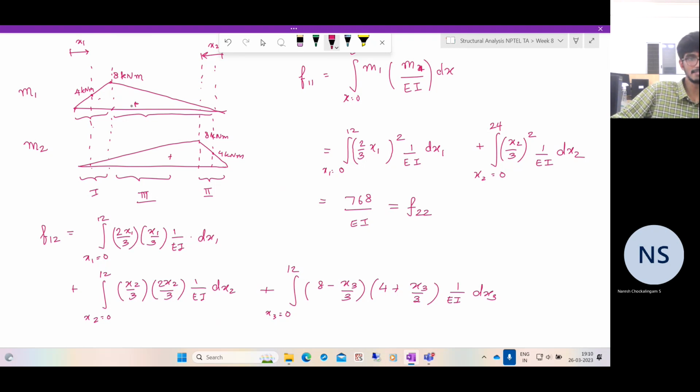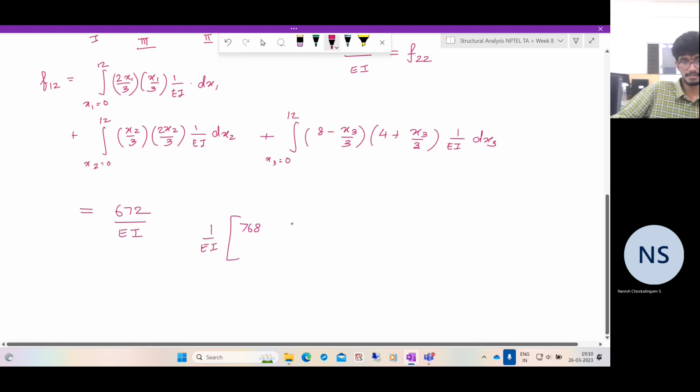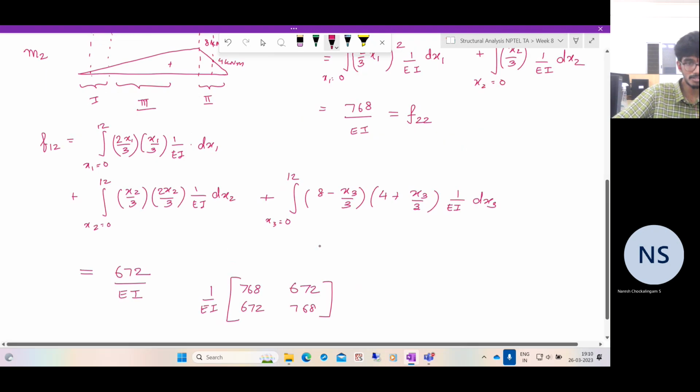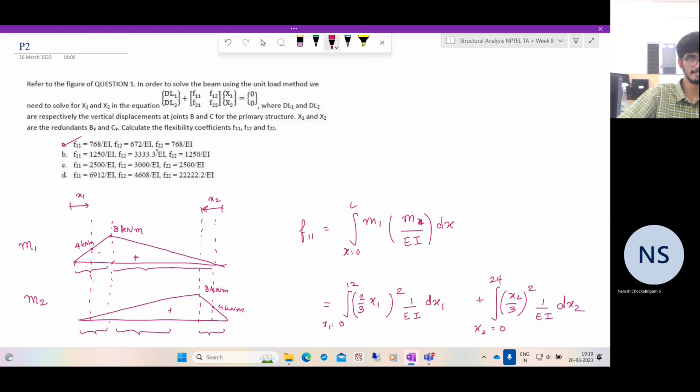The areas will be the same because it is just this bending moment diagram flipped about the mid-axis. By flipping, the area does not change. So F22 is the same as F11. So it is 768, 672, 672, 768. Which option corresponds to that? It is option A.